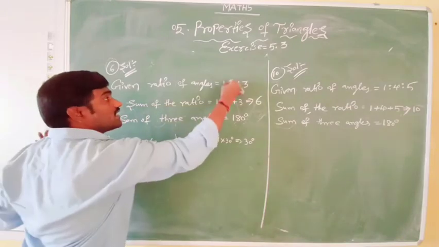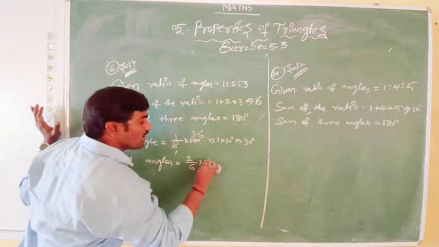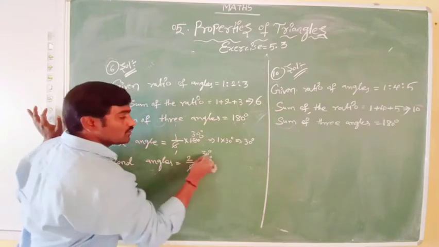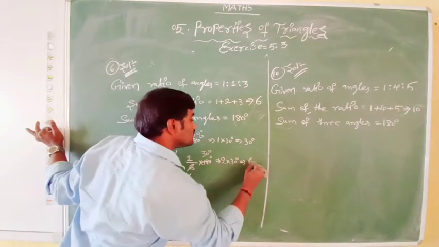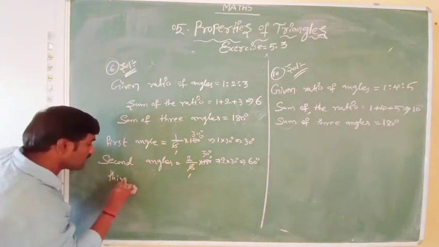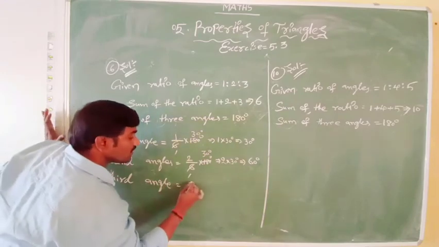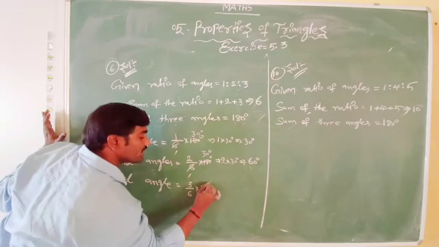Then the second angle took only 2 parts out of 6 parts, into 180 degrees. The 6 cancels, and 6 times 30 is 180, so 2 into 30 equals 60 degrees. Then the third angle took 3 parts out of 6 parts, into 180 degrees.